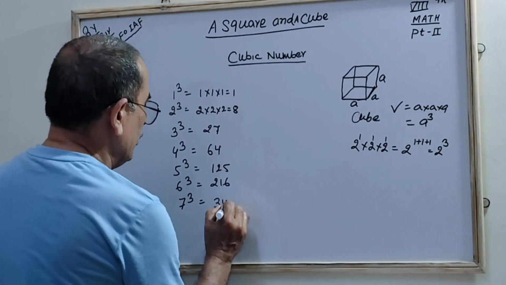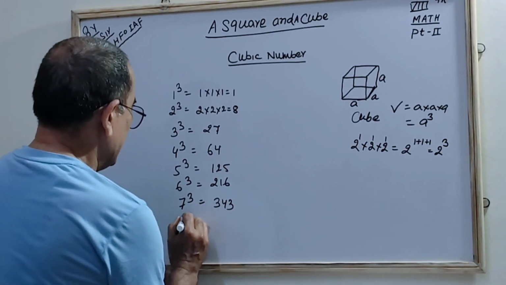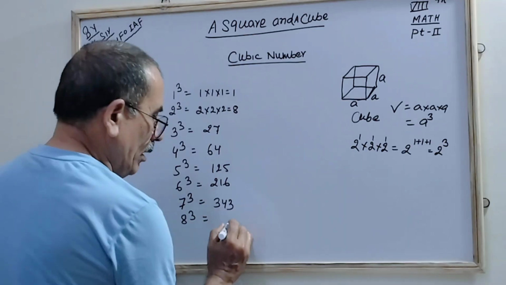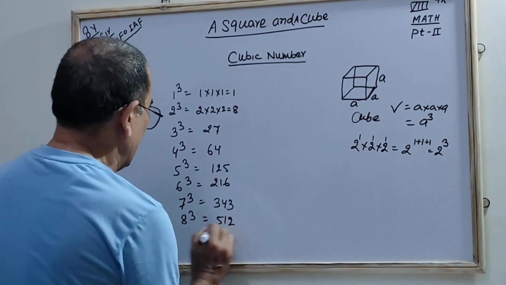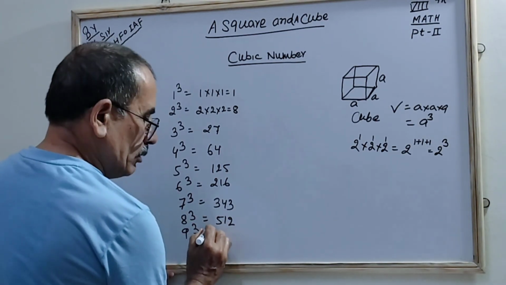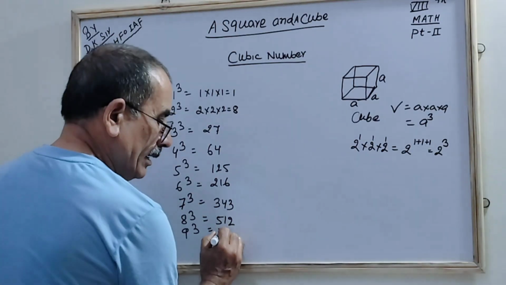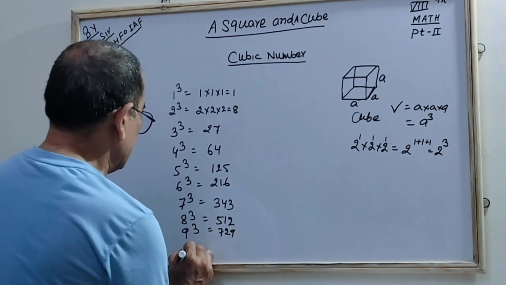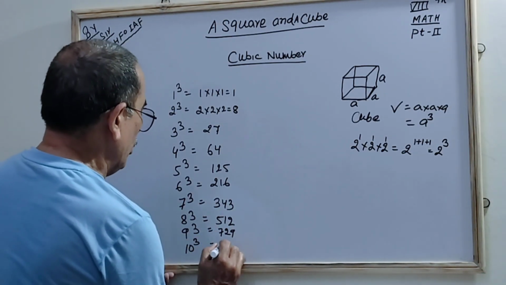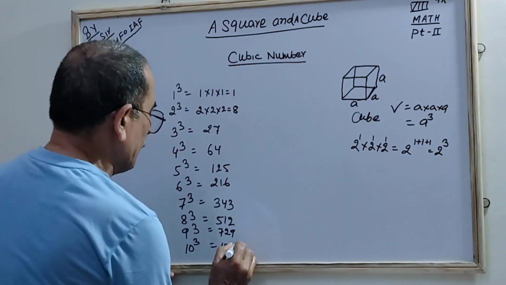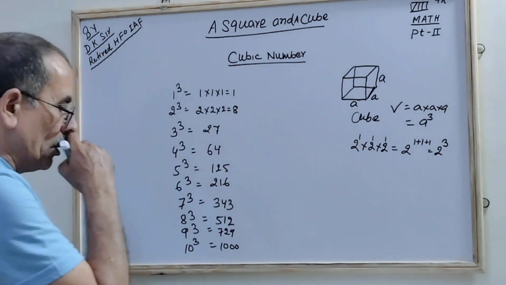Correct? The 8 cube will be equal to 512. Correct? The 9 cube will be equal to 729, and the 10 cube will be equal to 1000. Correct?